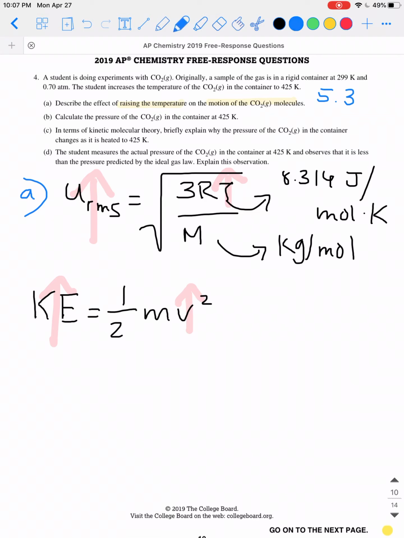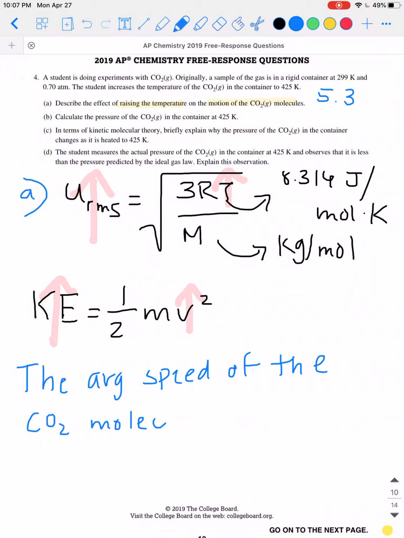So if we were to answer this question, we'd say that the average speed of the CO2 molecules increases as temperature increases.